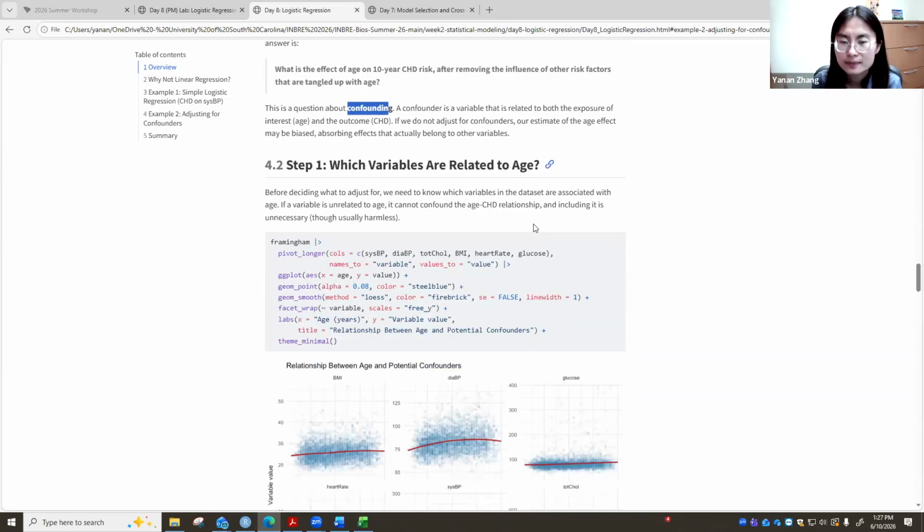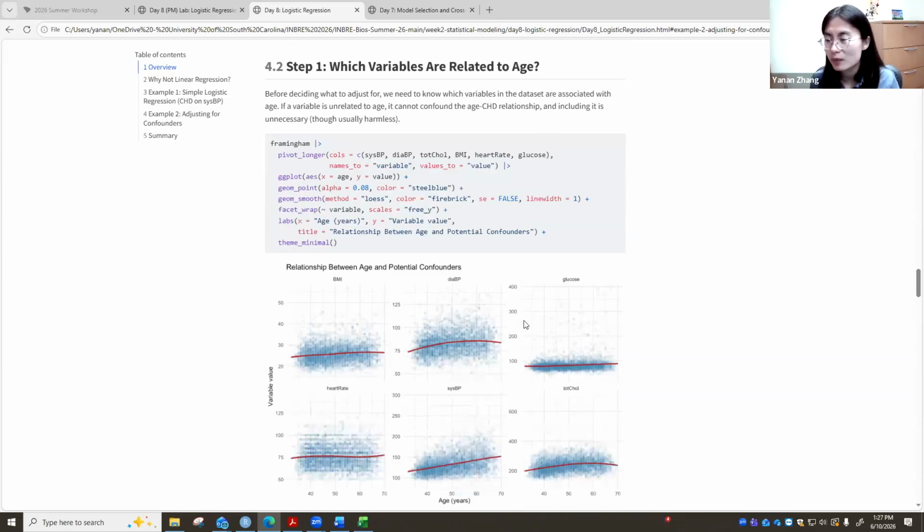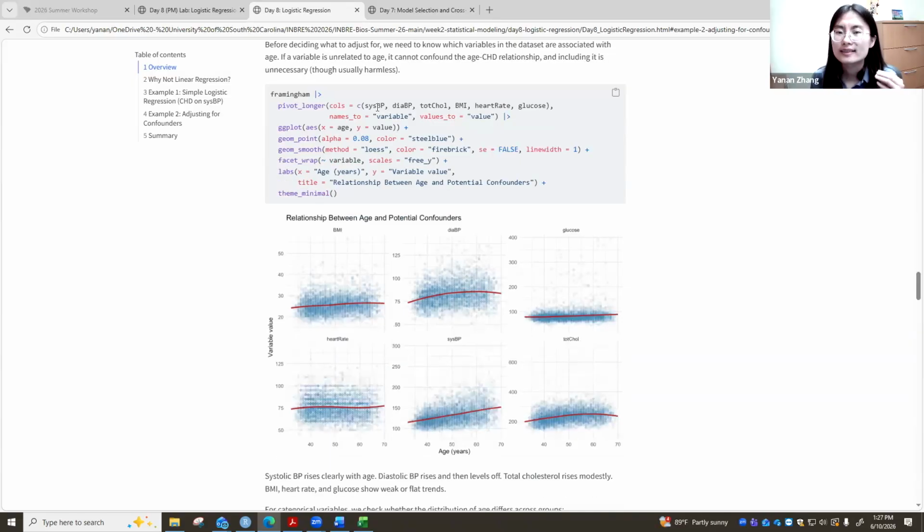So how do we do that? Maybe we can plot our data just as we did before. For continuous variables, like systolic blood pressure, diastolic blood pressure, total cholesterol, BMI, heart rate, and glucose, we want to know which ones are associated with age, because if they are true confounders, they must be associated with age.